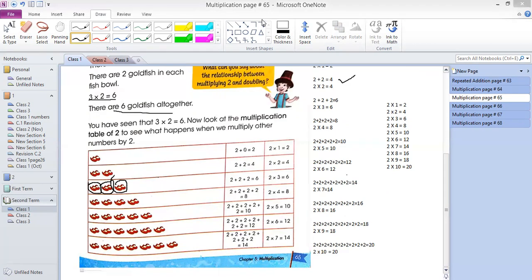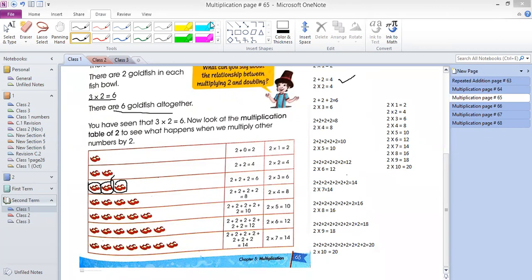Very good. So guys, there are 3 groups of 2. 1, 2 and 3. And can you tell me in each group how many fishes are there?